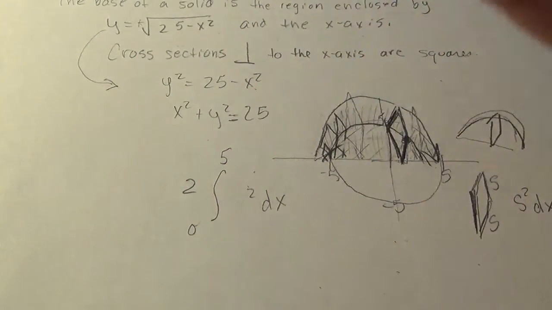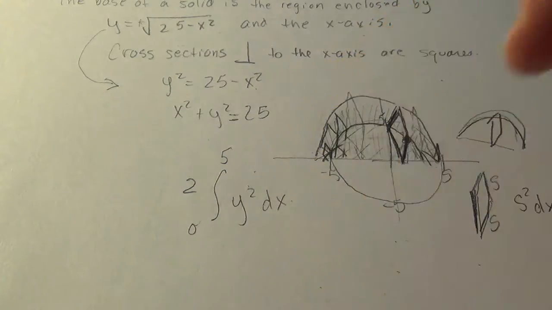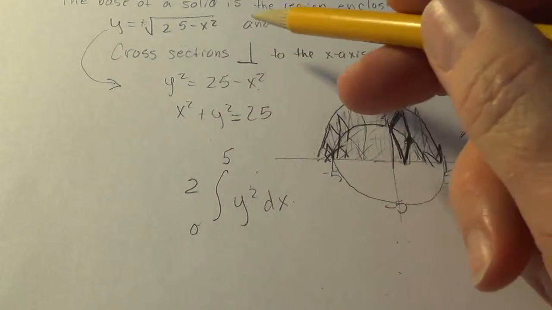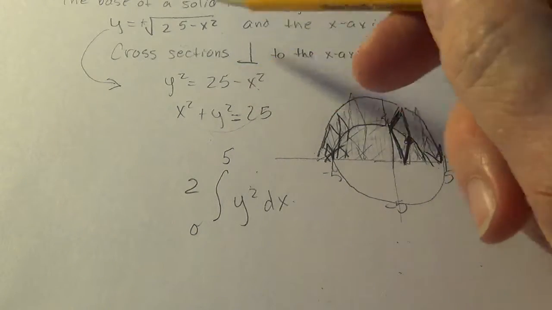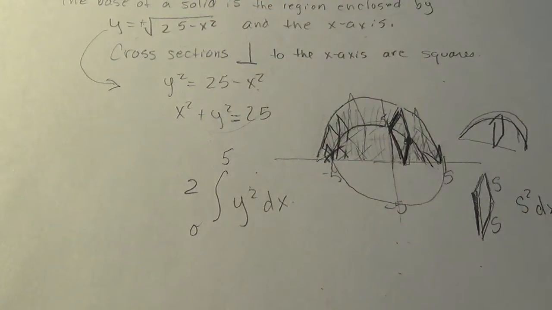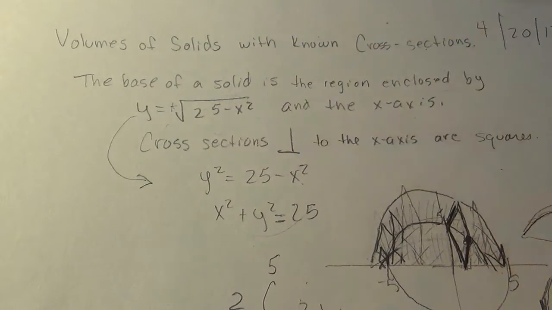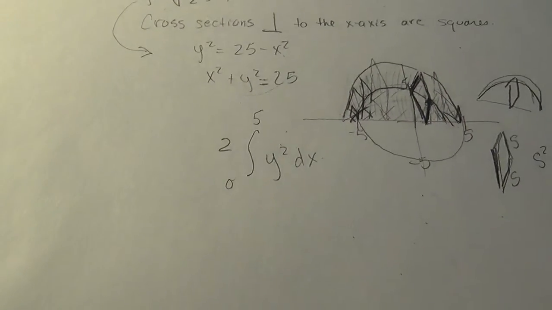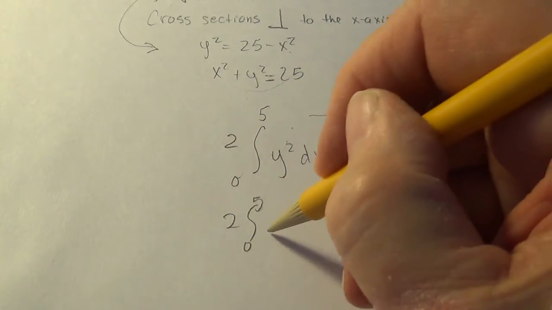However, since we're in dx land, we have to work in x. So I'm going to have to rearrange this. Well, actually it's already rearranged up here. Up here in the beginning, we see y equals the square root of 25 minus x squared. So we'll go ahead and pop that in there.